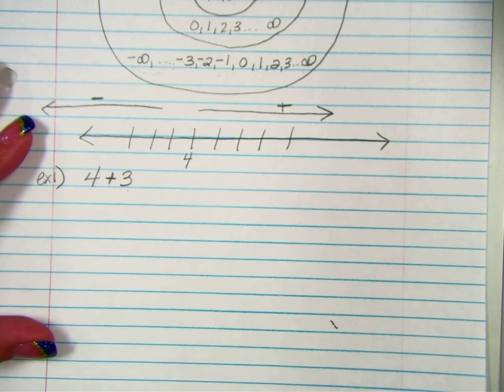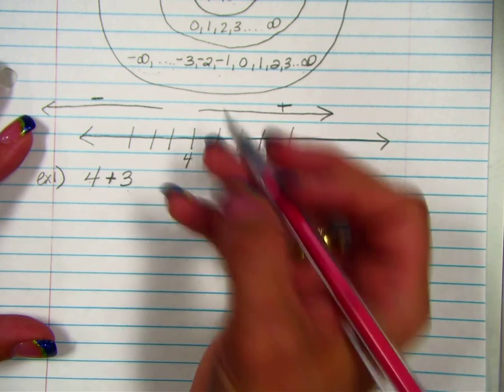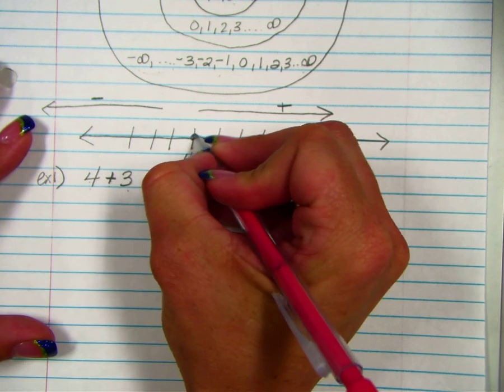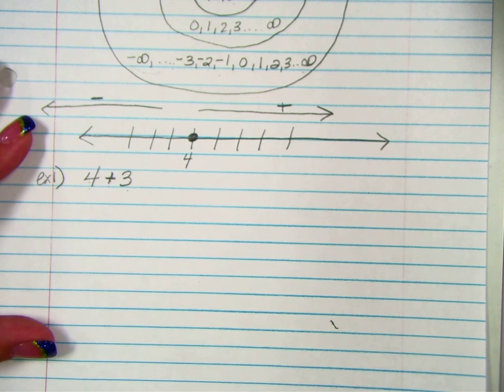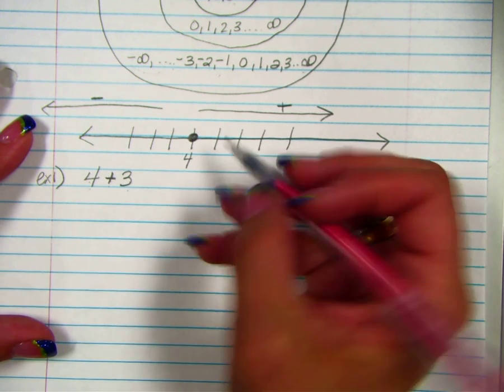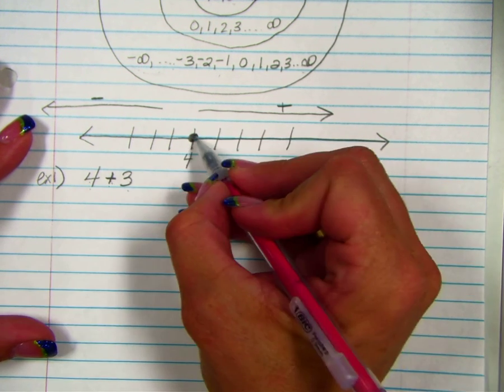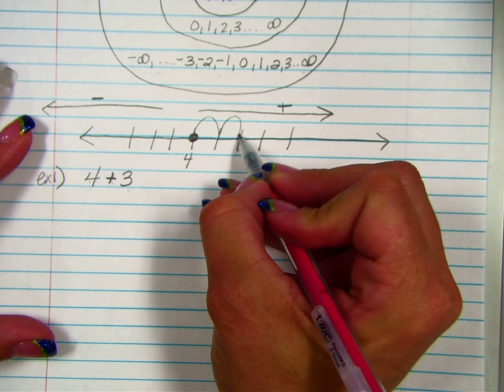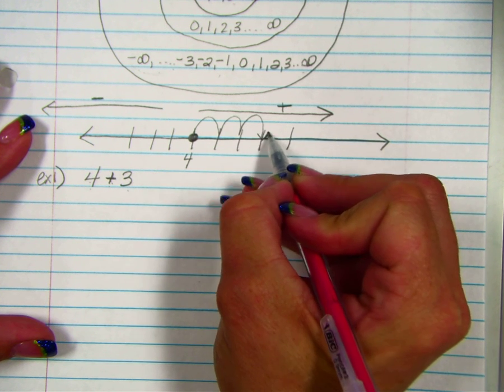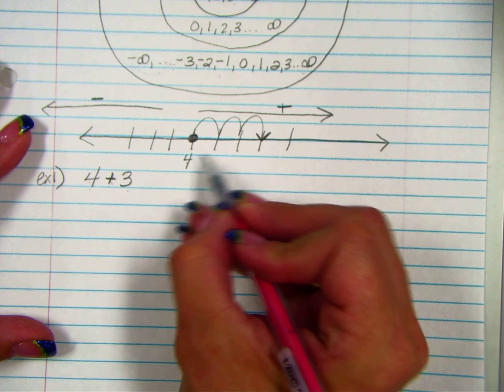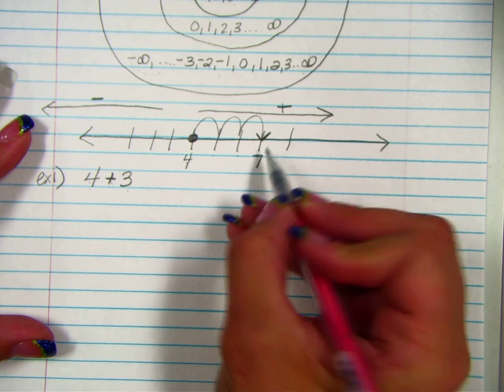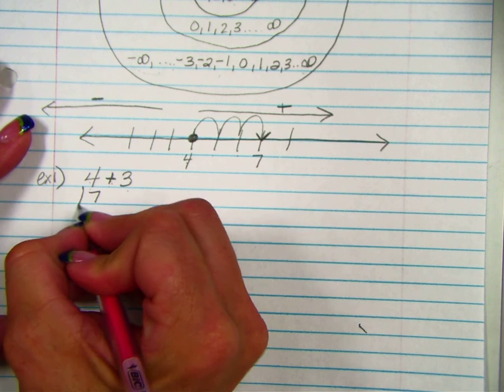So since we're saying 4 plus 3, we're going to start at our 4. We're going to put a dot on our 4. And we're going to move 3 spaces in the positive direction. So we're adding 3. 1, 2, 3, and we end up here. Well, that's 4, 5, 6, 7. That's the number 7. So 4 plus 3 must be 7.